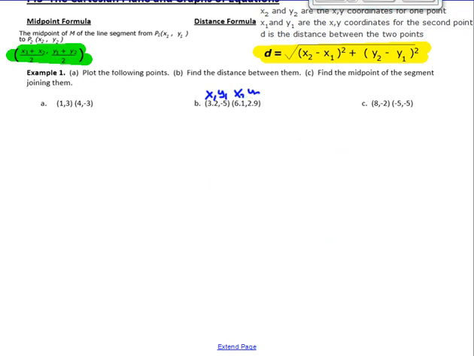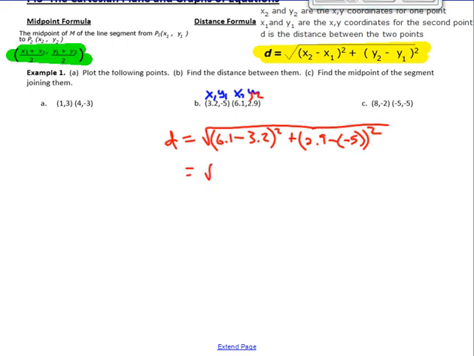We want to use the same x1, y1, x2, y2, which I partially erased, and just do the distance formula. Distance equals the square root of x2, which is 6.1, minus x1, which is 3.2, quantity squared, plus y2, which was 2.9, minus -5, quantity squared as well.